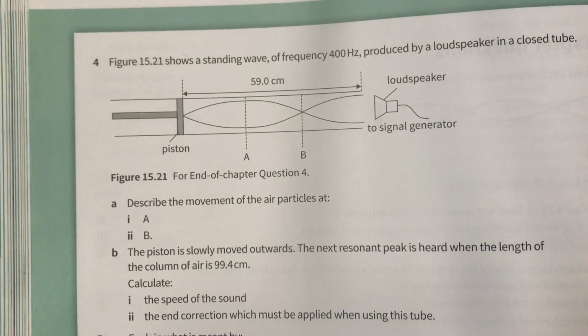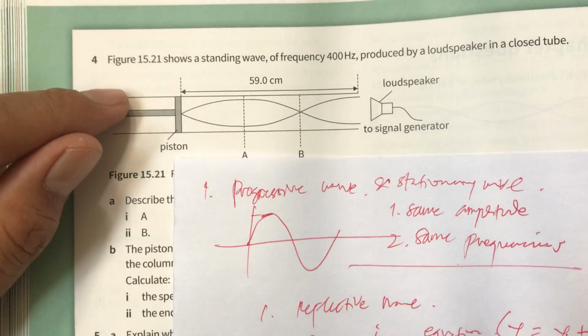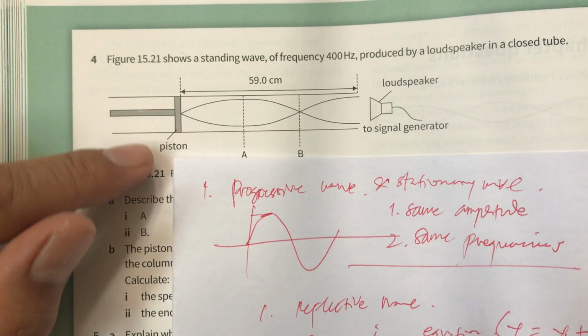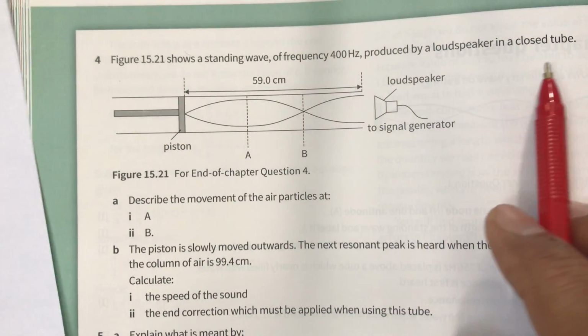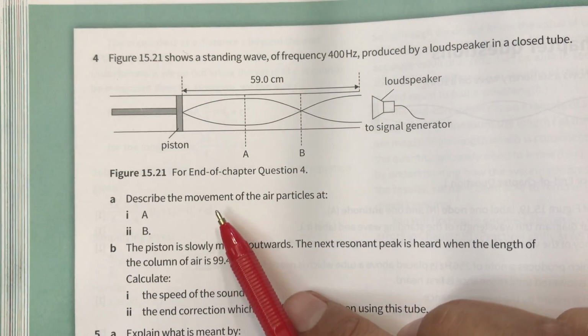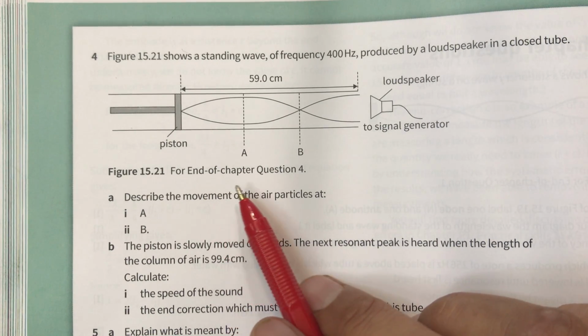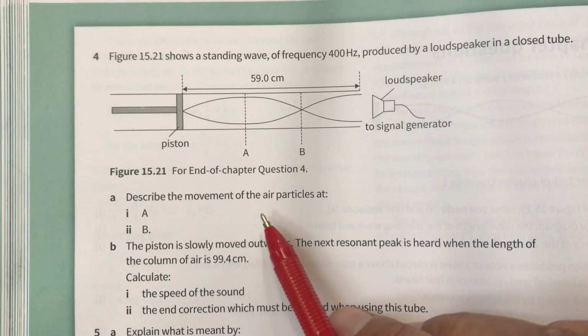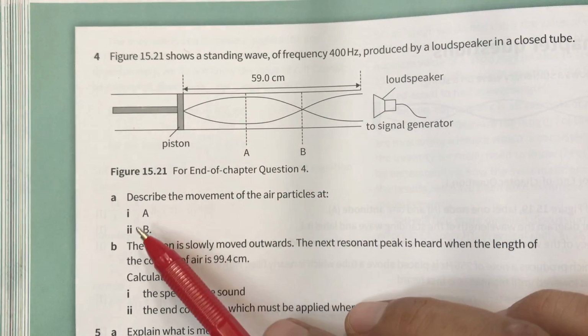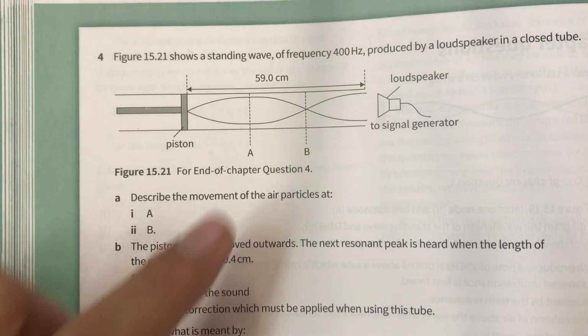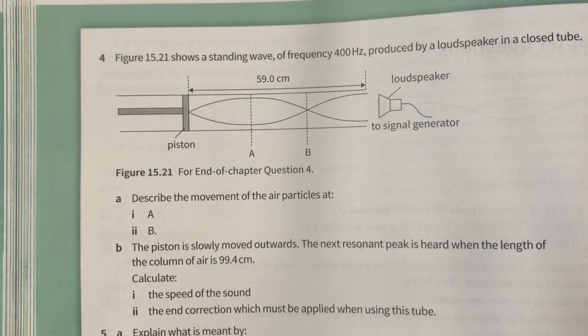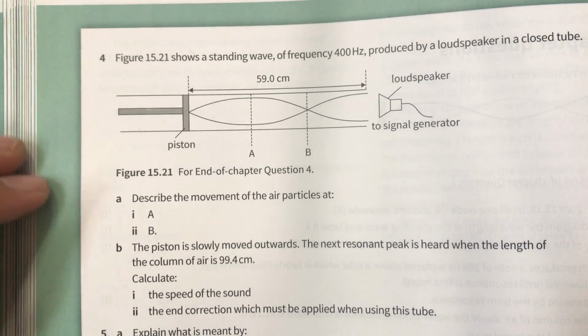Continue to number 4. Figure 15.22 shows a standing wave of frequency 400 Hz produced by a speaker in a closed tube. Describe the movement of the air particles at A and B. A is a destructive point, and B is a constructive point.